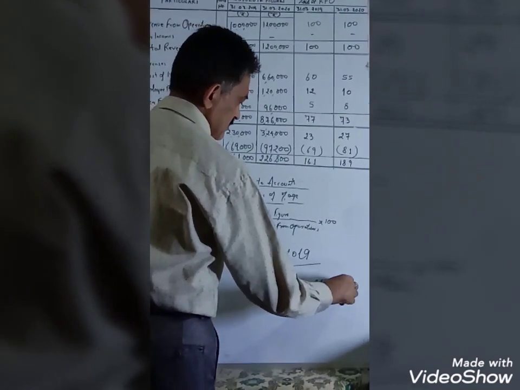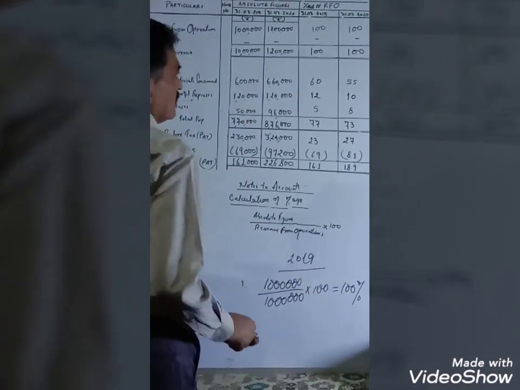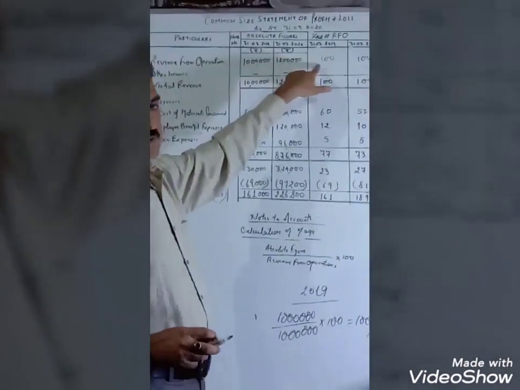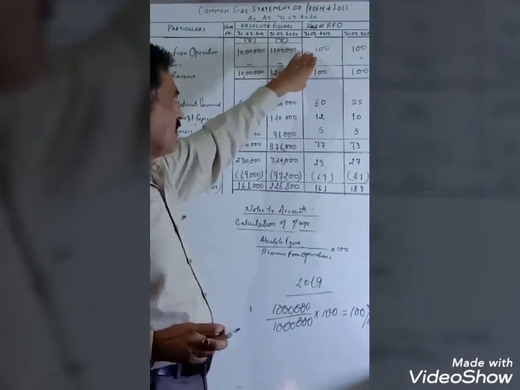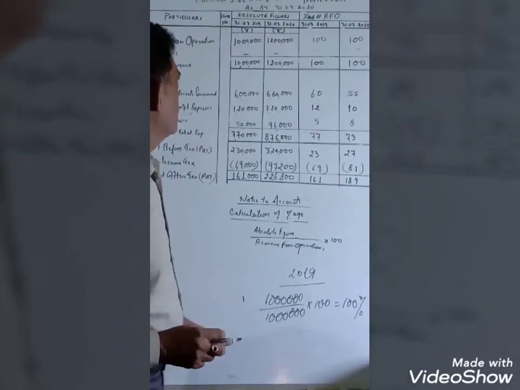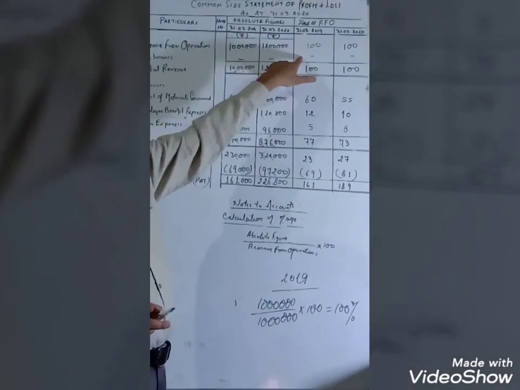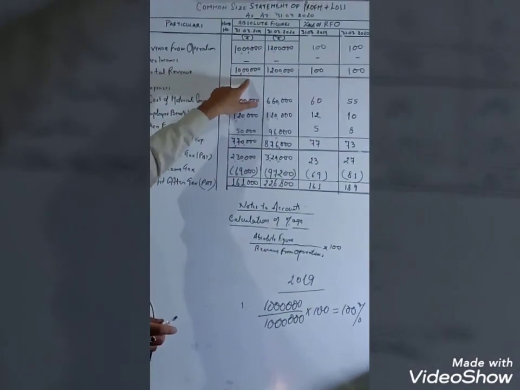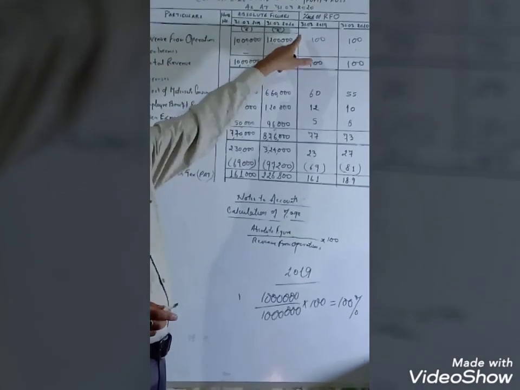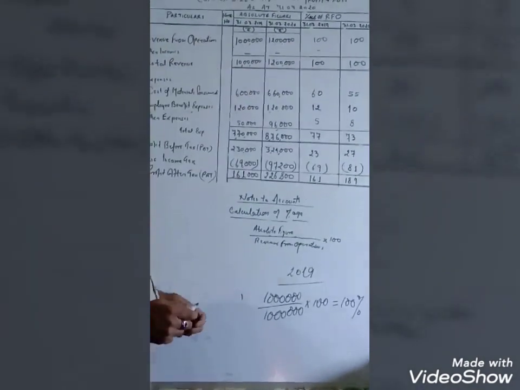So this will be 100%. So we will write here 100%. So this will always remain 100%. Now other incomes are nil, then no percentage will be calculated. And total revenue is also similar, then the percentage will also be similar, 100%.